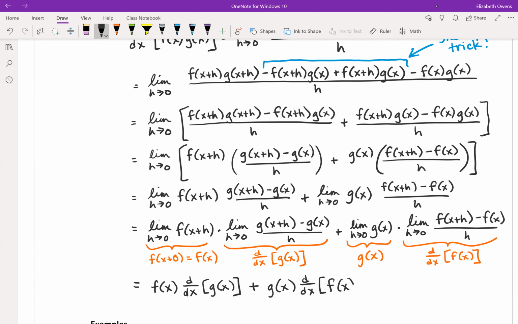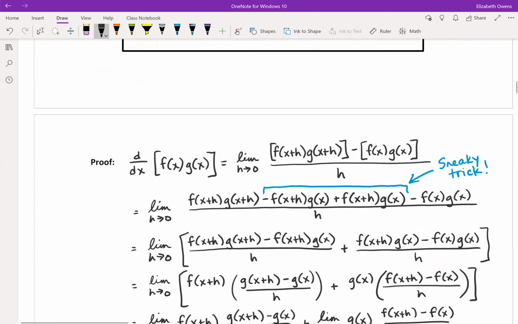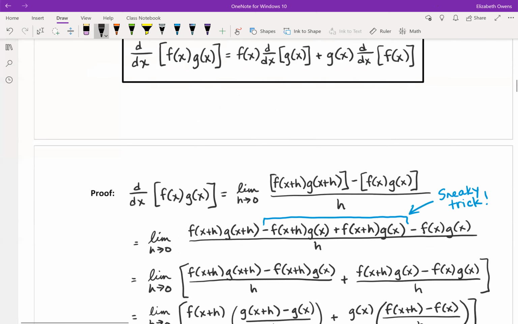And that, my friends, is the product rule statement right there. The first function times the derivative of the second plus the second function times the derivative of the first. And we can see that that verifies this product rule. So there it is. Memorize that one.